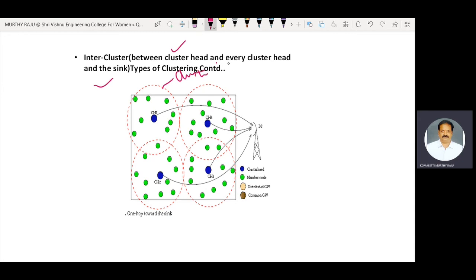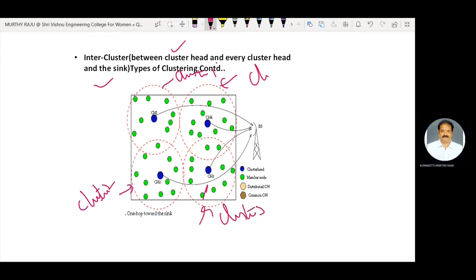This is cluster 1, this is cluster 2, this is cluster 3, and this one is cluster 4. CH1 belongs to cluster 1, CH2 belongs to cluster 2, and similarly CH3 for 3, CH4 for 4.